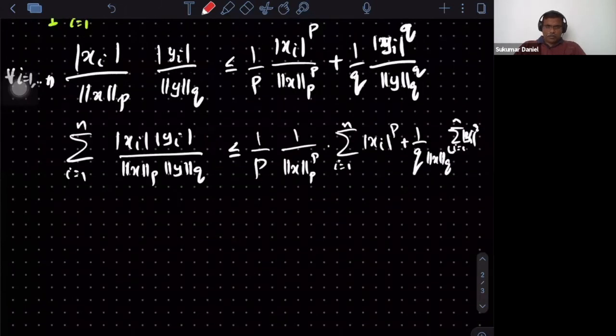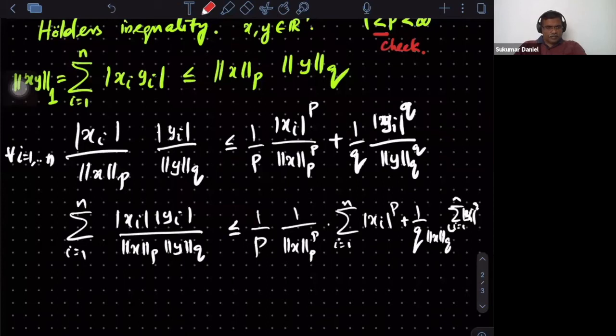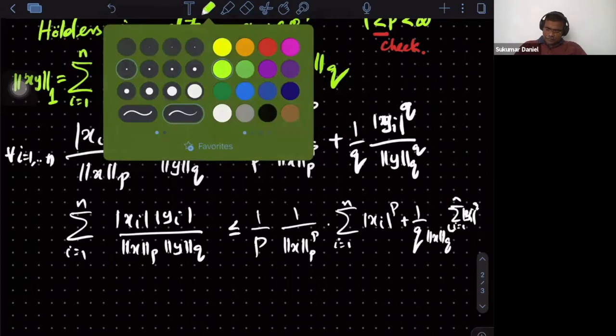Okay. So using this Hölder's inequality, we can go ahead and prove another important inequality which appears a number of times, what is known as Minkowski's inequality.